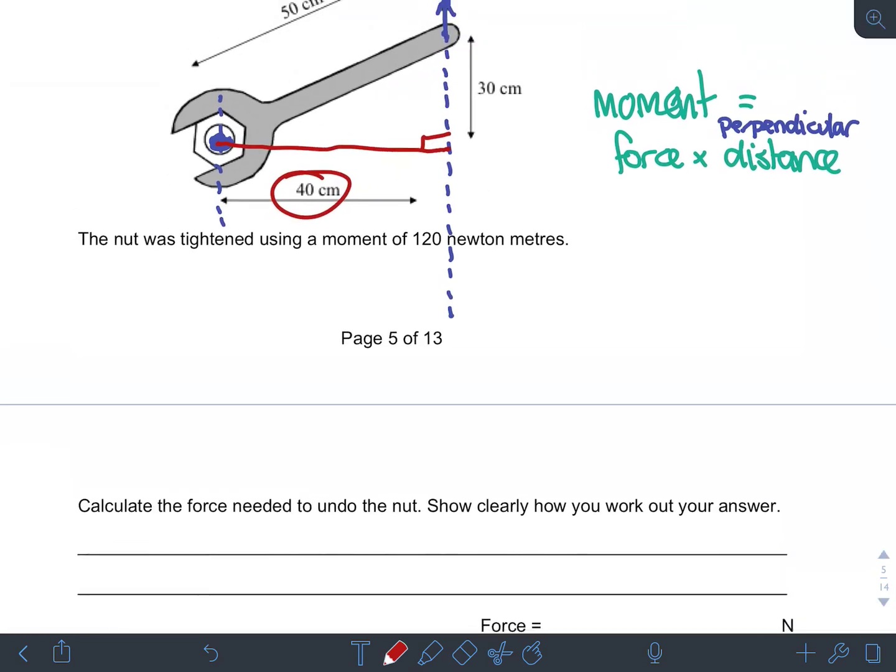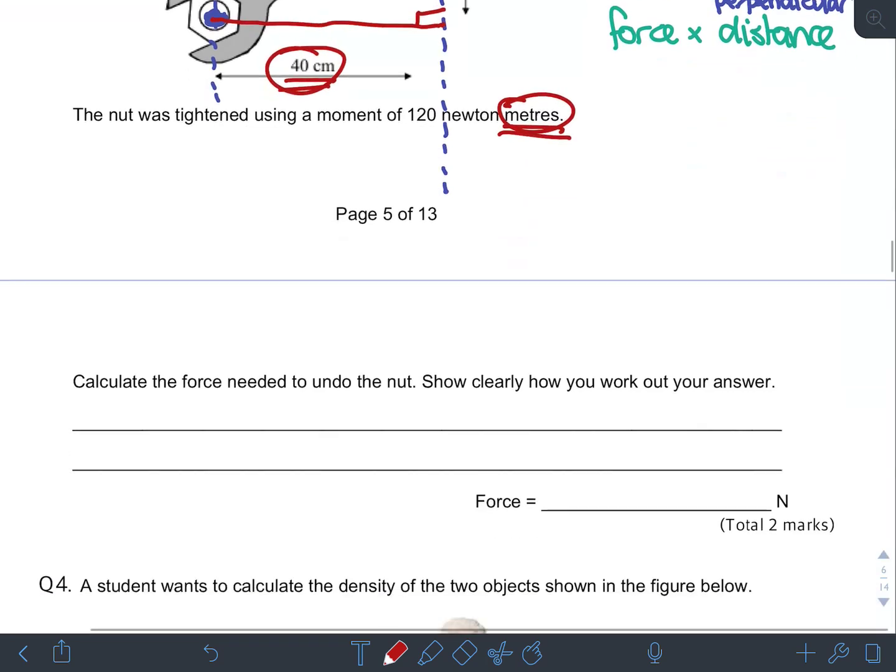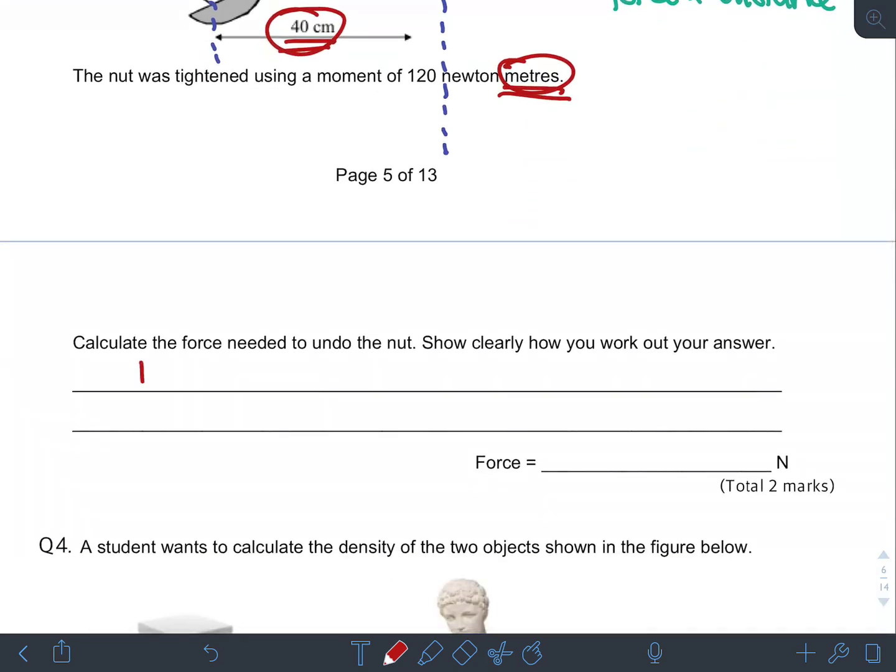The second thing to spot is look at our units: Newton meters. If I've got a Newton meter, then I must have done a force in newtons times a distance in meters. And this is in centimeters, so I need to convert it. So what can we write down? 120 Newton meters is equal to whatever the force is times 0.4 meters.